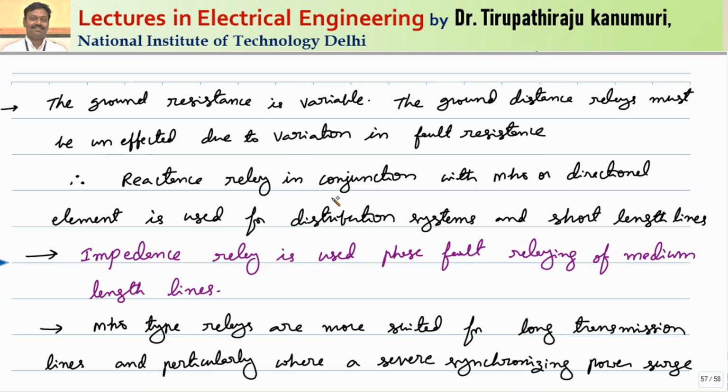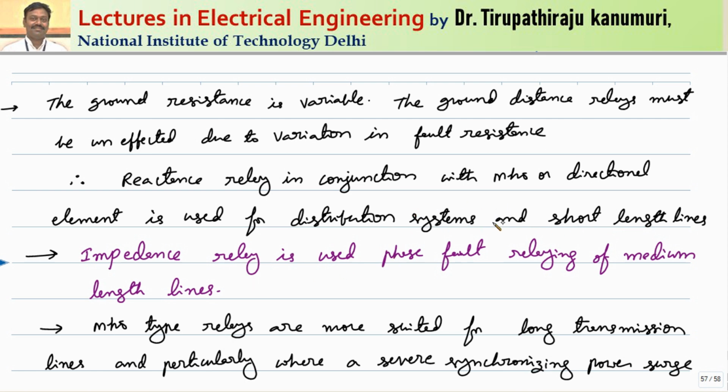So the reactance relay in conjunction with a mho or directional element is used for distribution systems and short length lines, because it is not affected by the arc resistance. In short transmission lines, the effect of the arc resistance is dominating compared to the impedance of your line.